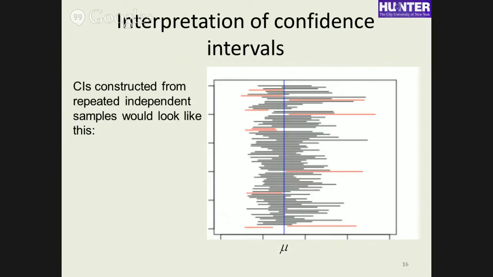So the red ones represent those where the sample happens to be wrong, which should be about 5% of the time. That's cool, right? Okay, yeah, the reds are just those 1 out of 20s where you're unlucky, and the 95% confidence interval does not contain the true population mean.